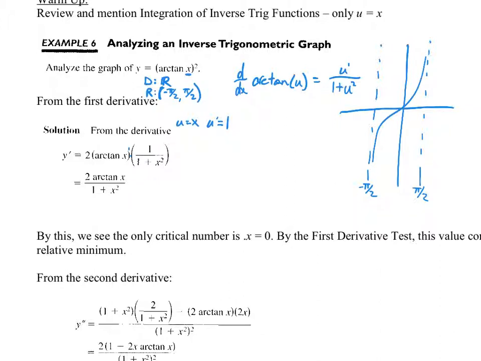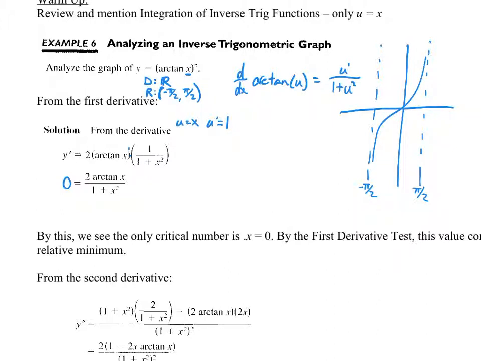Well, the reason why we need to consider that is because if we're going to look at where our max or min points are, we're going to set this first derivative equal to 0. Okay? Remember, critical numbers occur when the function equals 0 or is undefined. Well, 1 plus x squared is never going to equal 0, not with a real number.